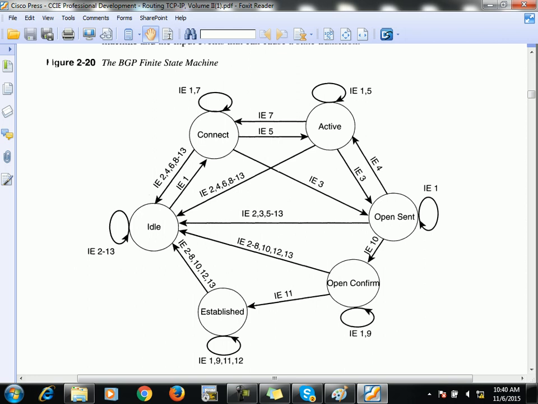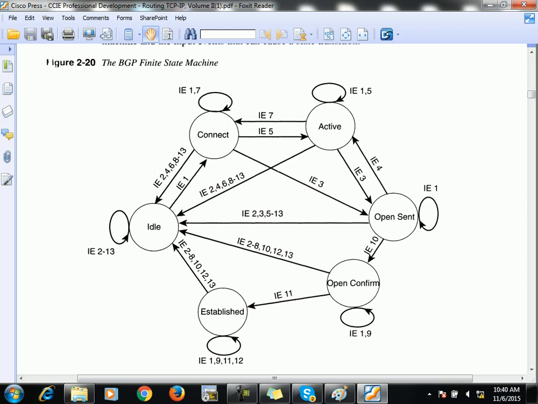This diagram is the FSM, the finite state machine. It tells you from which state BGP can move into which state and why.